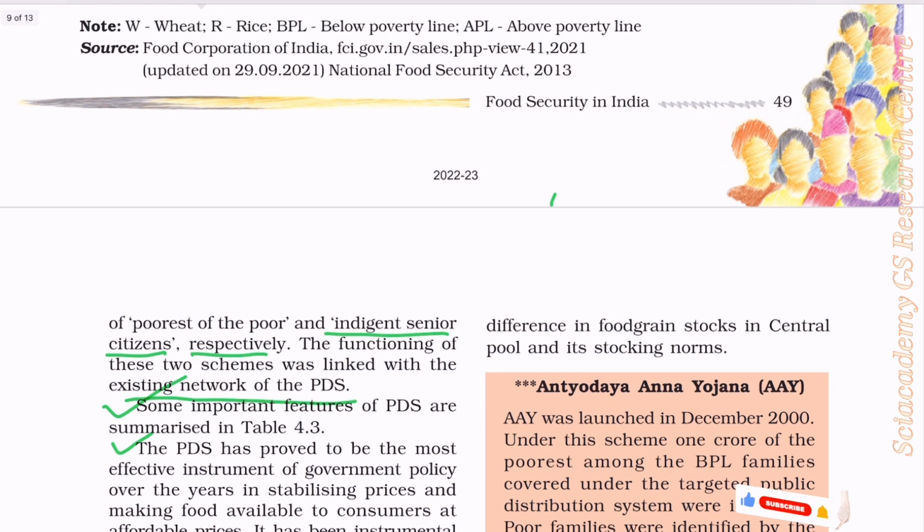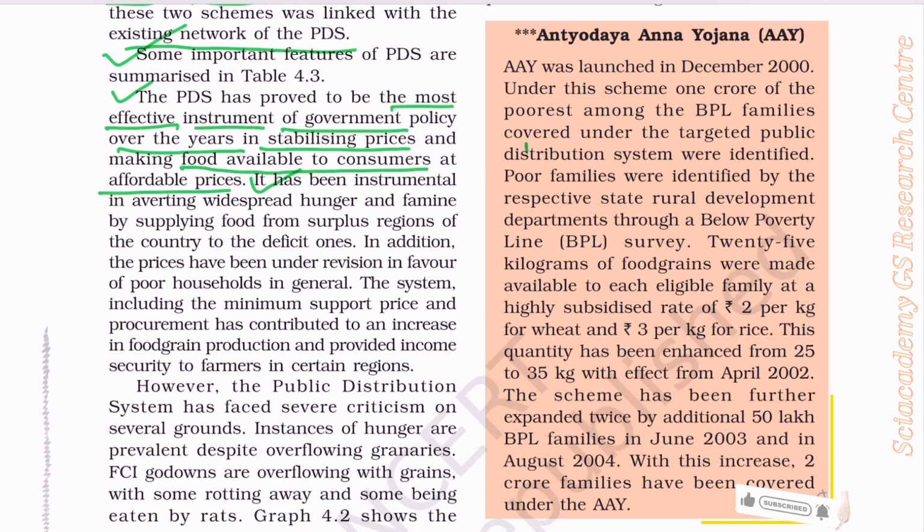The PDS has proved to be the most effective instrument of government policy over the years in stabilizing prices and making food available to the consumers at affordable prices. It has been instrumental in averting widespread hunger and famine by supplying food from surplus regions of the country to the deficit ones.